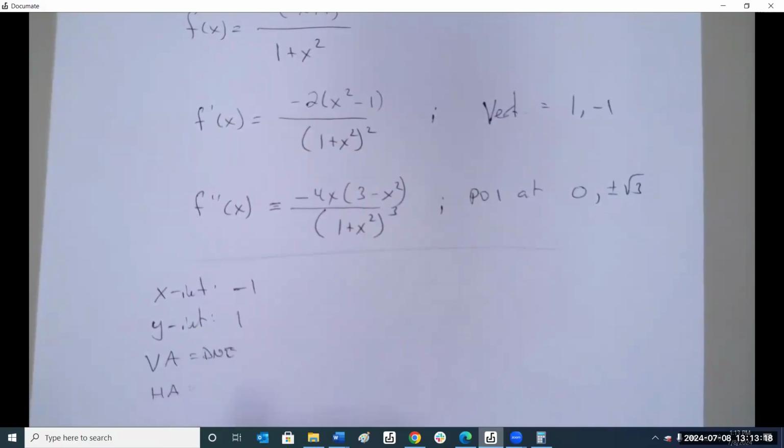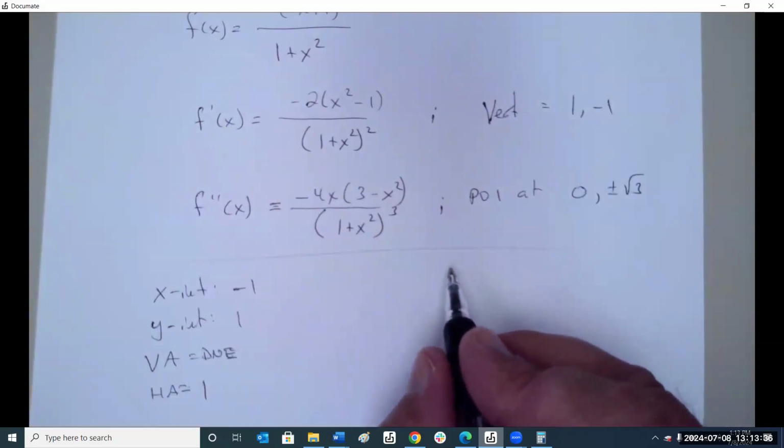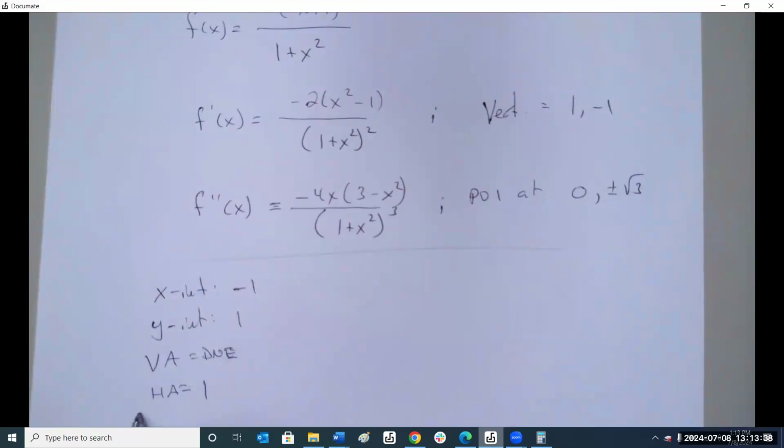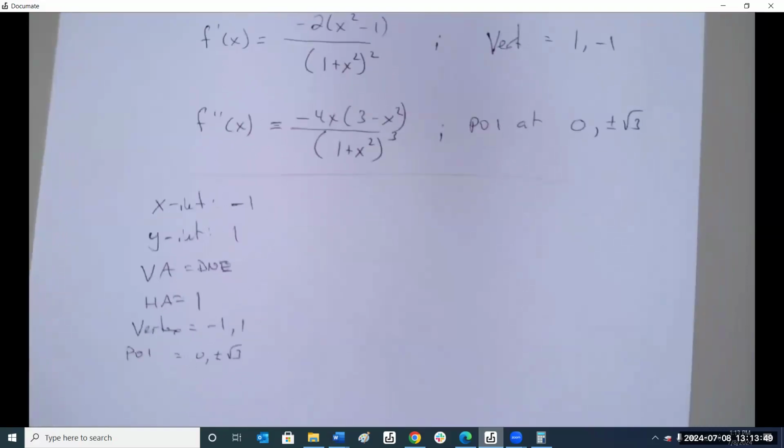The horizontal asymptote is 1. The vertices at -1 and 1. Points of inflection at 0 and plus or minus radical 3.